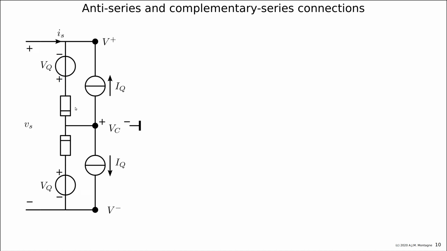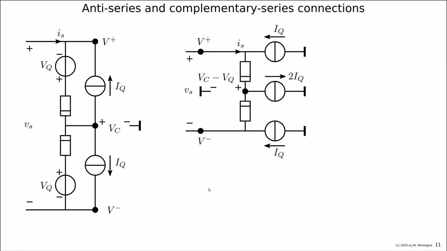We could bias this configuration also in this way. We could split the current source over ground, redirect it over ground. So then it goes from the common mode VC node to ground, and from ground to the V plus node, or from ground to the V minus node. And that's what I have done in this picture on the right.